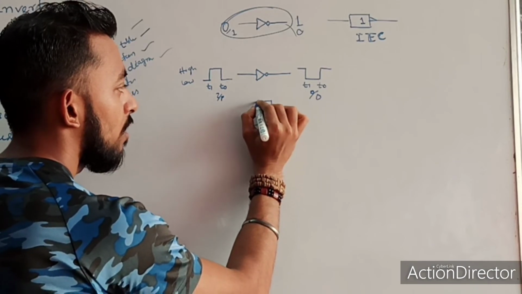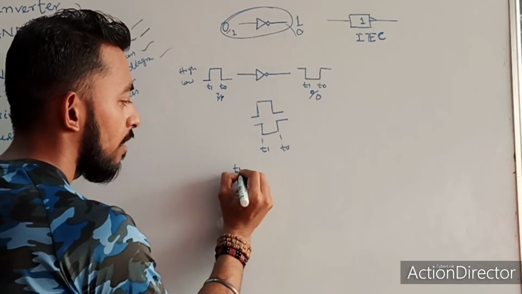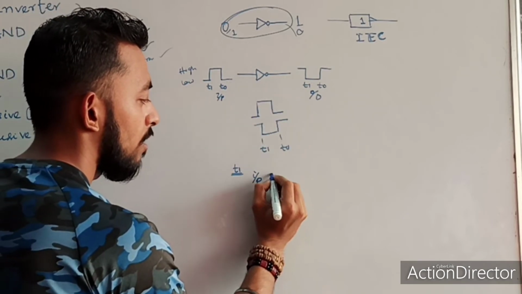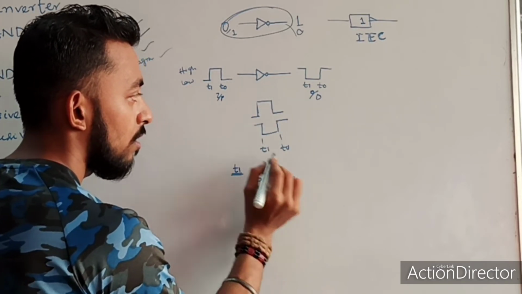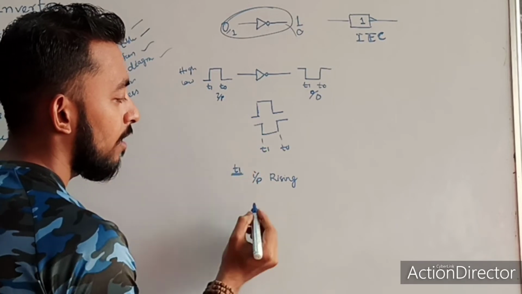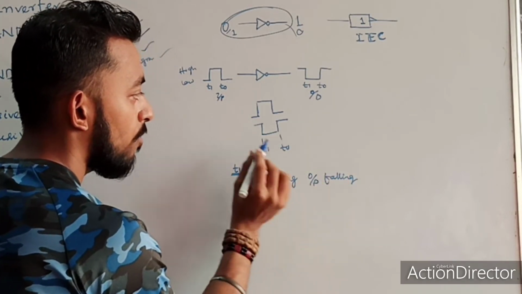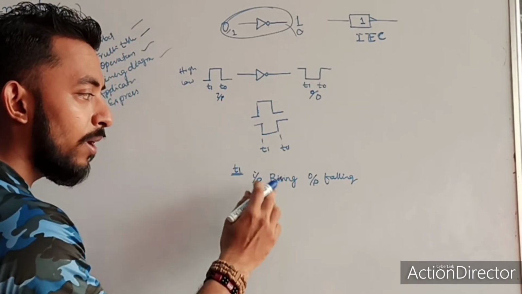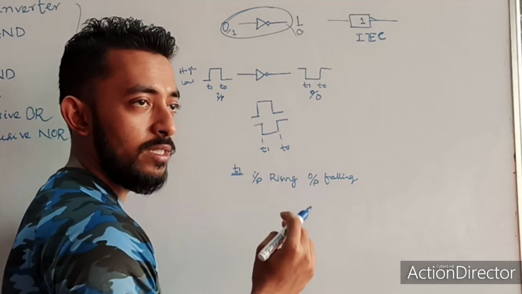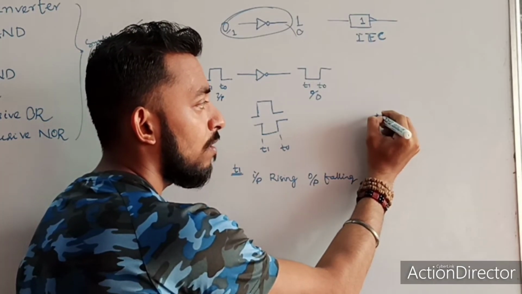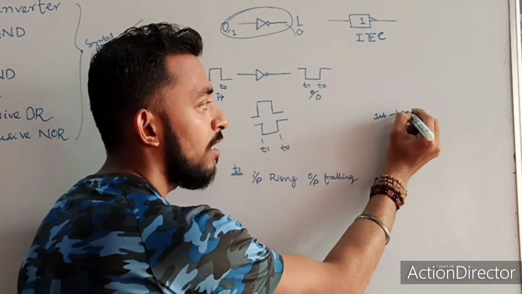From these two waveforms, what can I draw? You see, at time T1, my input is rising from low to high. At the same time, my output is falling from a high value to a low value. How do I decide whether it is rising or falling, or leading and trailing? When it occurs first, I say leading.